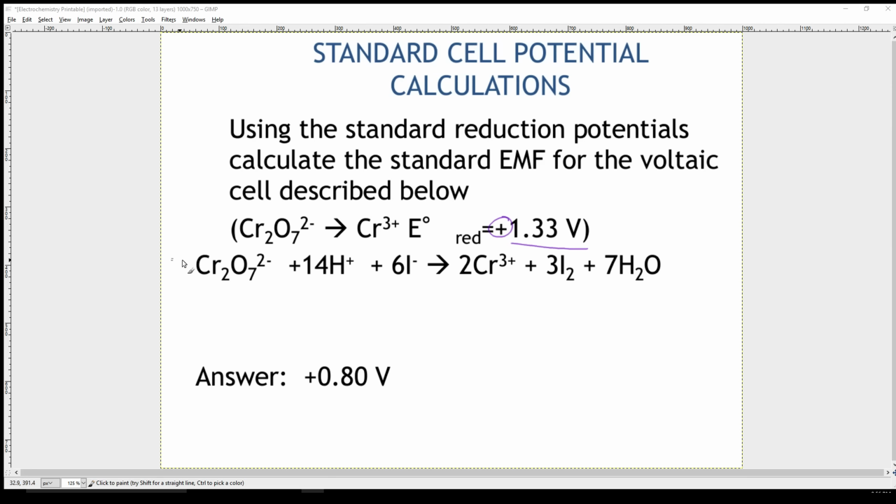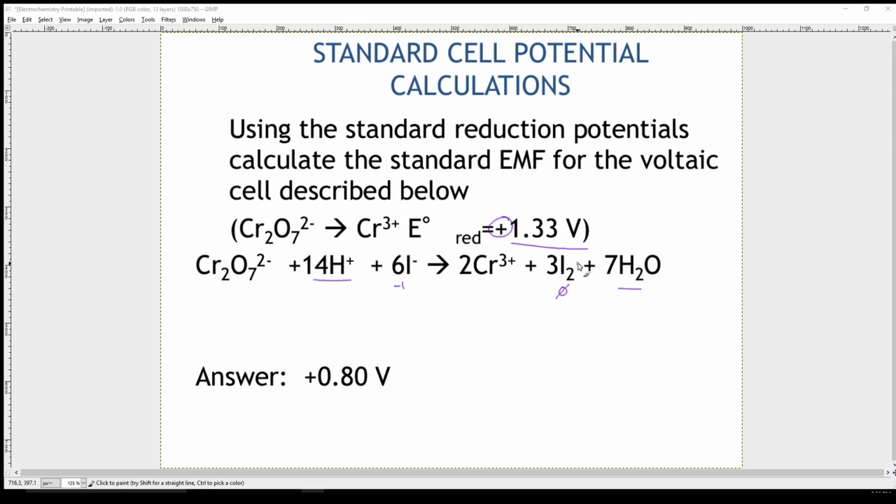All right. Hydrogen, does hydrogen look like anything's happening to it? No, it looks like it's positive 1, nothing there. What about iodine? Iodine started off with a charge, and then it ended up with no charge.